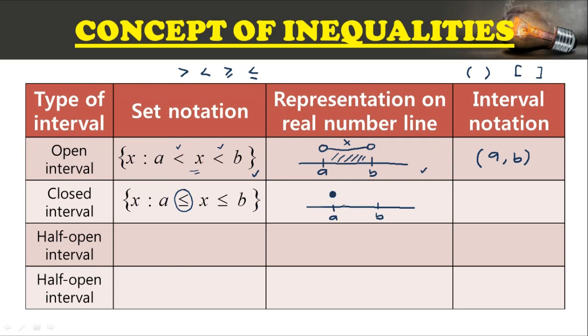Okay, bulat hitam. And then B also the same. Okay, we have less than equal. That means our circle also filled circle. So since X is between A and B, so A ni kita sambung dengan B. So actually this is our X.